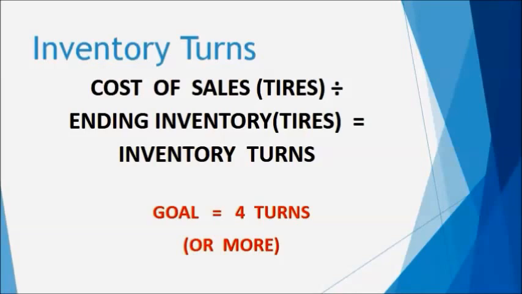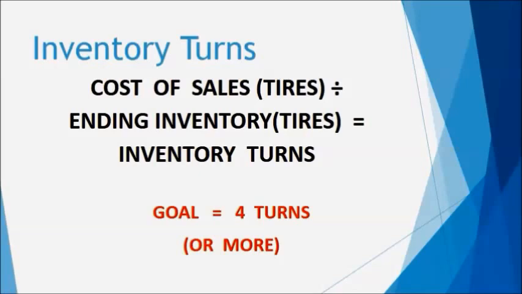So if you can get your inventory boosted every day from your supplier, then I would expect people to have 7 turns. So the range is going to be anywhere between 4 to 7 turns, but no less than 4.